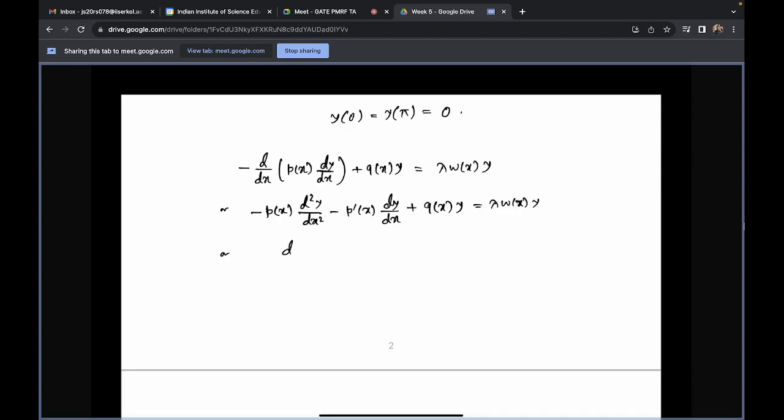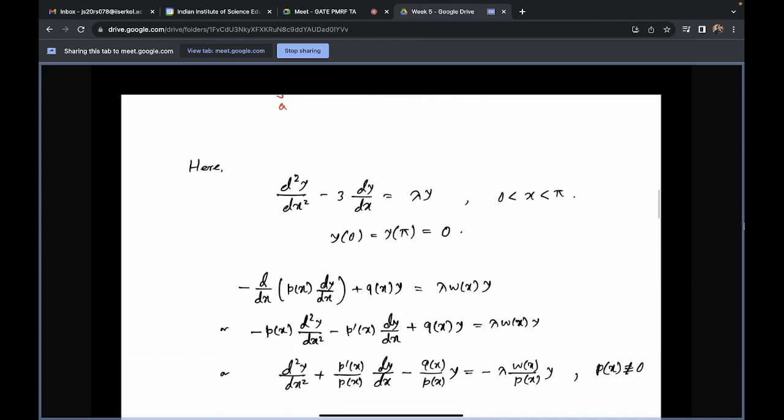Assuming p(x) is not identically 0, we get d2y/dx2 plus p prime(x) by p(x) dy/dx minus q(x) by p(x) y equals minus lambda w(x) by p(x) times y, right?